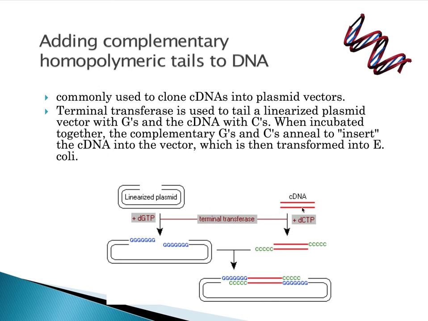You could add C's on your cDNA and G's on your plasmid, and after that you can ligate the two extremely efficiently. That's what I used when I did some cDNA libraries, because in a cDNA library you need a very efficient ligation reaction, since you have lots of fragments and lots of plasmid. You want to be sure that all the cDNA fragments you created with reverse transcriptase are represented. This is extremely efficient and extremely easy.